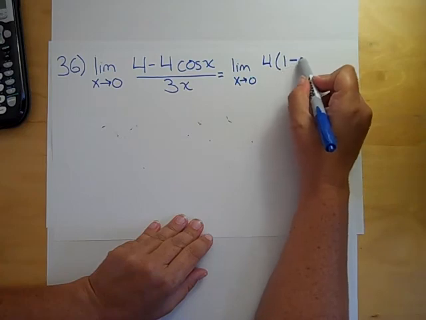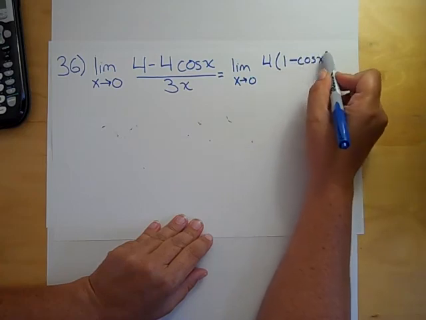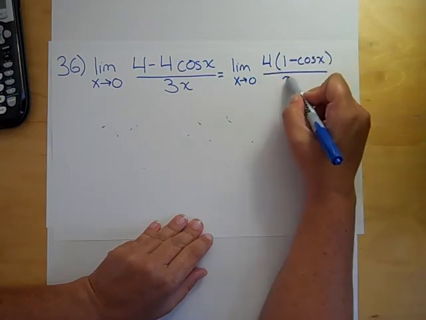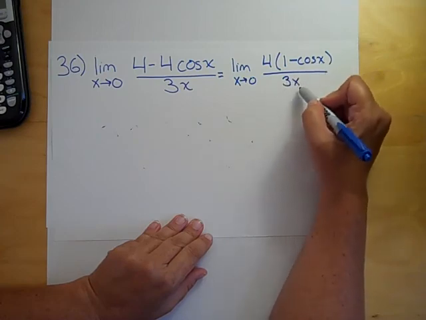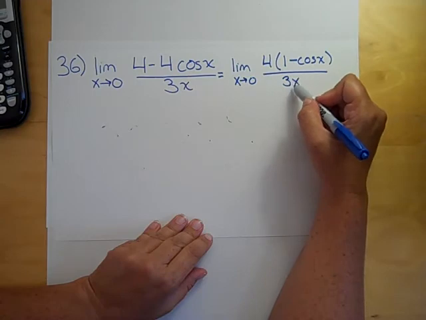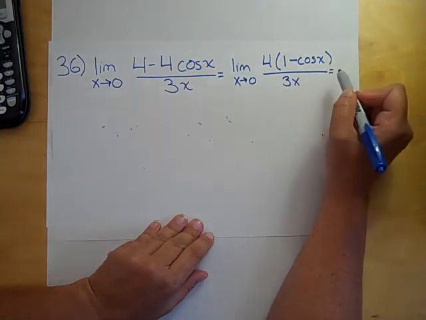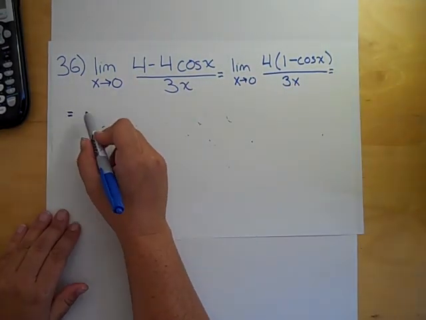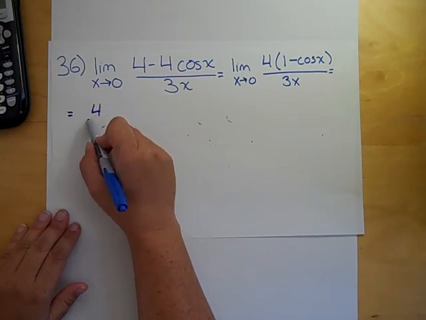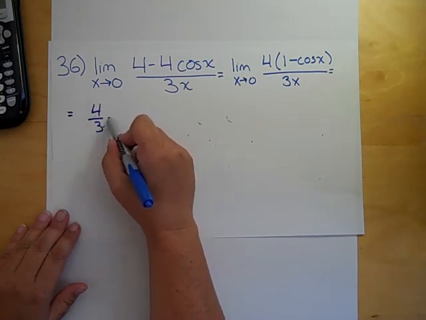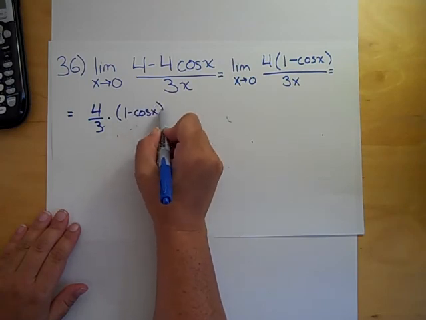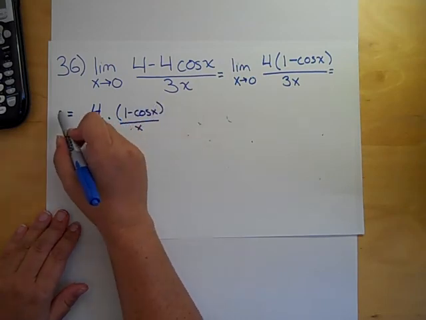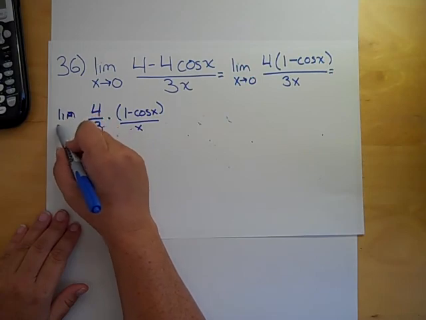That gives us 1 minus cosine x over 3x. So we have a different number of x's here, don't we? If we can get this 3 out of the way, then we would be ready. So let's do this. Let's say that it's 4/3 times 1 minus cosine x over x. And I should have continued my limit notation here.